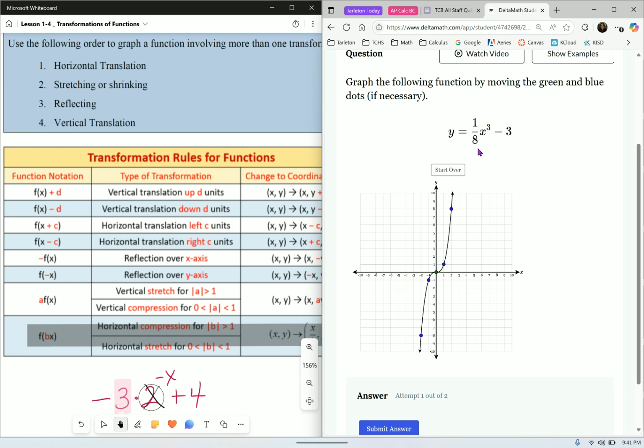I'm going to choose this one. 1/8 means you multiply 8 by 1/8 because that y value is easy to multiply, and it's going to become a 1. So this blue dot is no longer at the height of 8. It is at the height of 1. So it got compressed. And then the -3 means it dropped down 3 units.